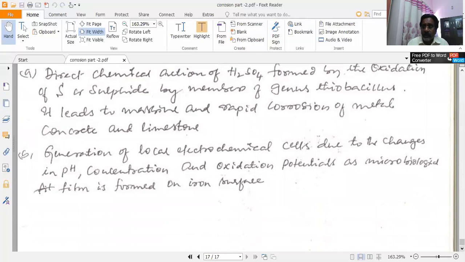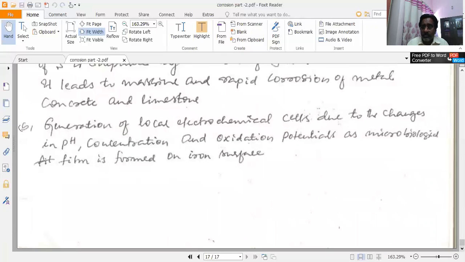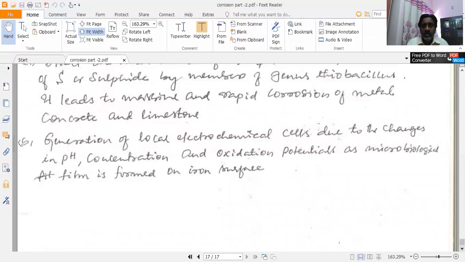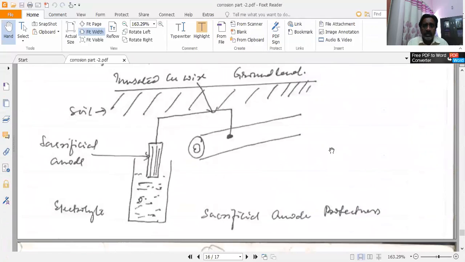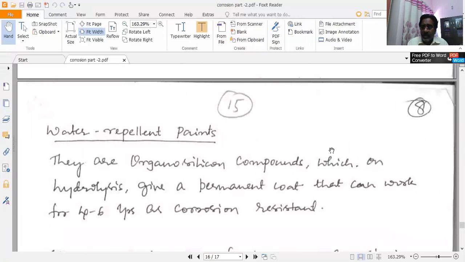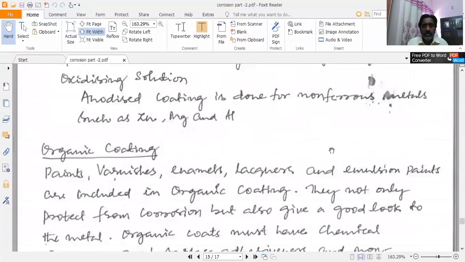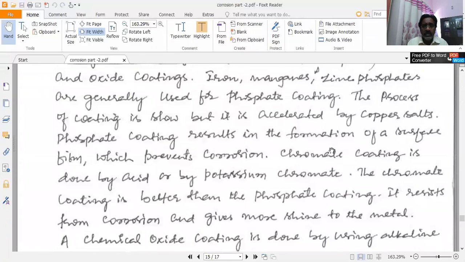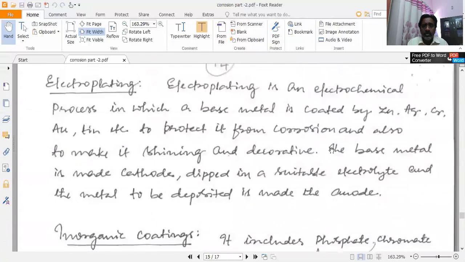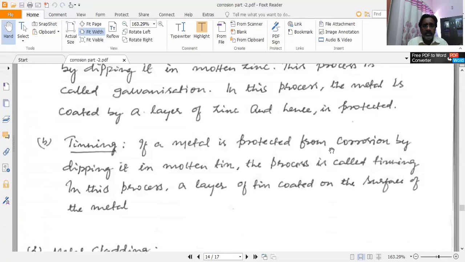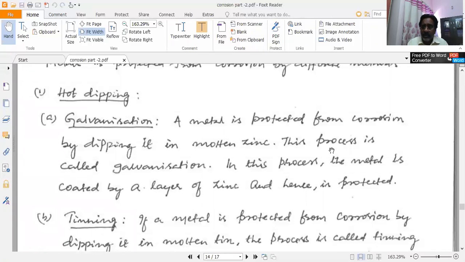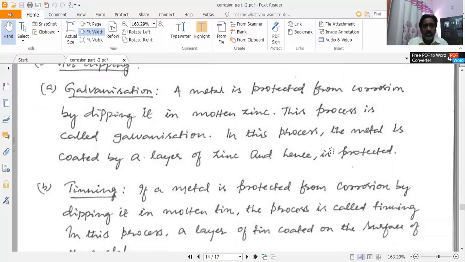So these are the methods by which we can control corrosion. Here in prevention and control, we come across a number of methods as I just told. Number one is the hot dipping method, where you use galvanization or tinning.